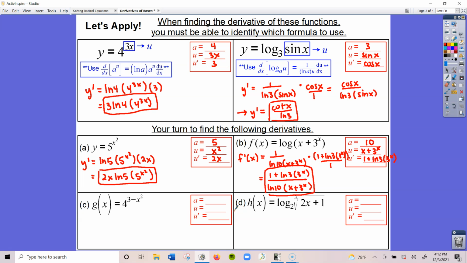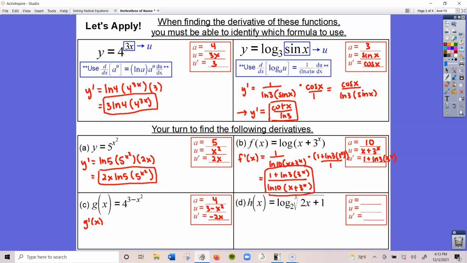Moving on to C, we have g of x is equal to 4 raised to the 3 minus x squared. My base here is 4. My u is my exponent, which is 3 minus x squared. The derivative of 3 minus x squared is negative 2x. Now let's put this into the derivative format.